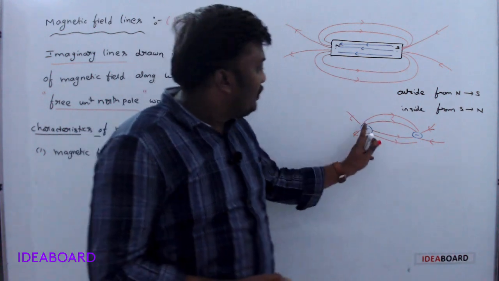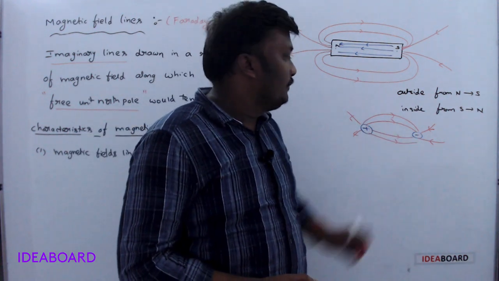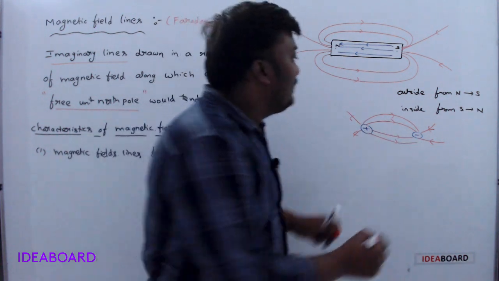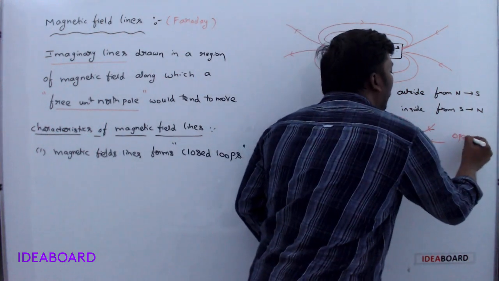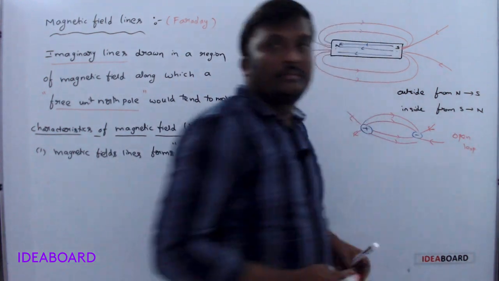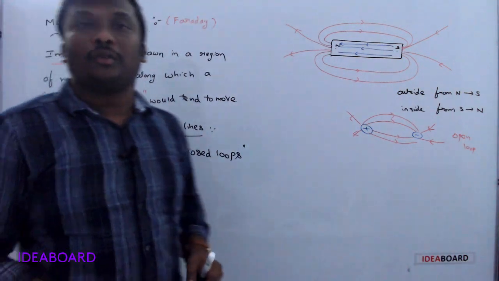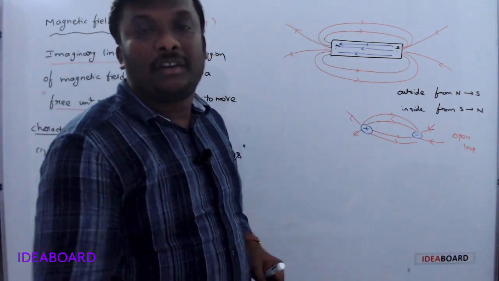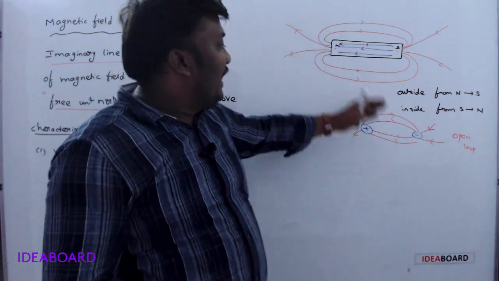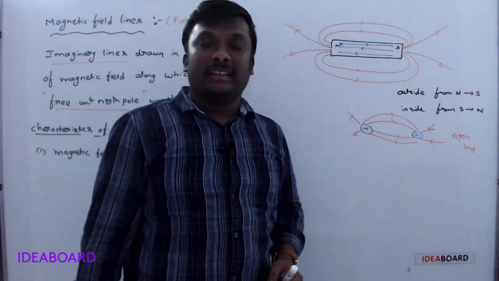So they start from positive and end at negative. Clear now? So these are called open curves. Here these are called closed loops. This is one of the major differences between the electric field lines and magnetic field lines.